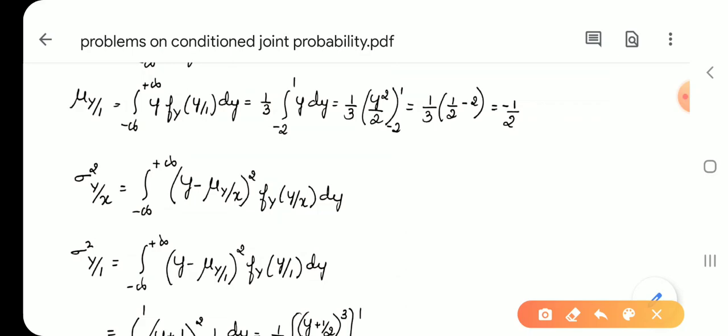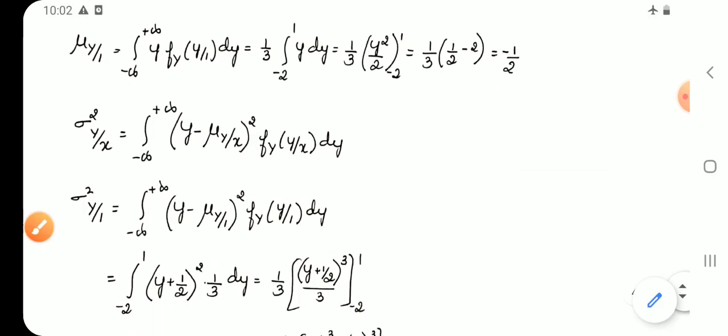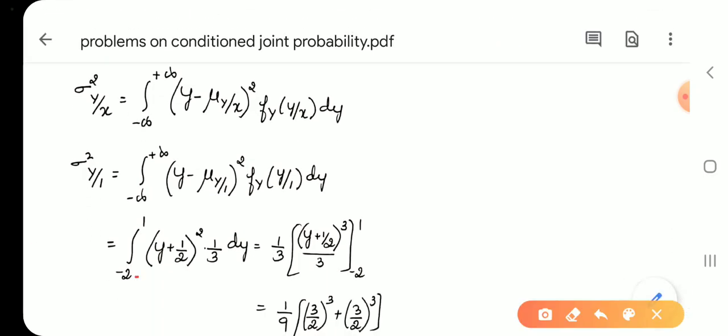Variance of y conditioned on x equal to 1 is the integral from minus infinity to plus infinity of (y minus mu y by 1) whole square fy of y by 1 dy. The value of mu y by 1 is minus half. Let us put the value. It becomes (y plus half) whole square. Value of fy of y by 1 is 1 by 3, dy.